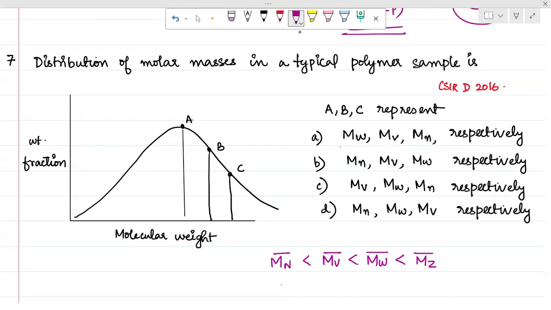They have asked in terms of N, V, and W. So A has the smallest weight and the highest fraction, which corresponds to Mn. So it's not A, it's not C. Next one is going to be Mv, which means B is the correct answer. B follows this trend of molecular weight.